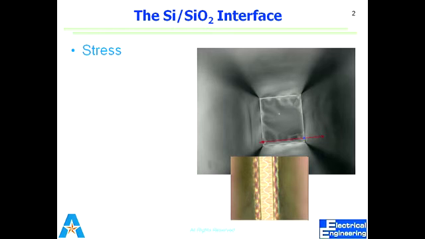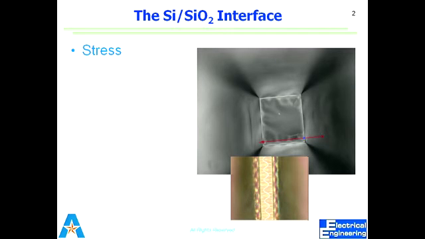The second type of stress is at the interface of silicon and silicon dioxide. At the interface, you know that the volume of silicon is different from the volume of silicon dioxide. For a specific volume of silicon consumed, more than 2 times that volume of silicon dioxide is generated.